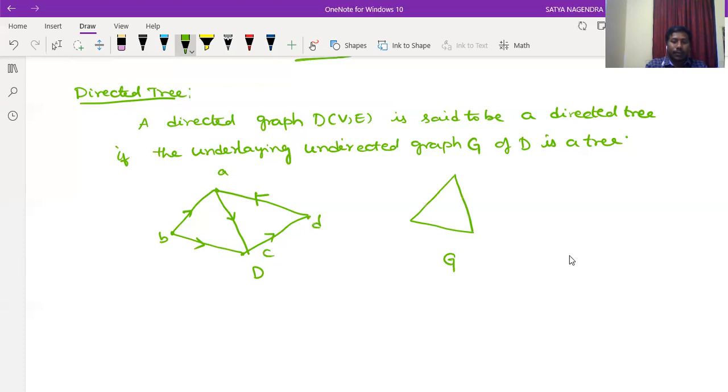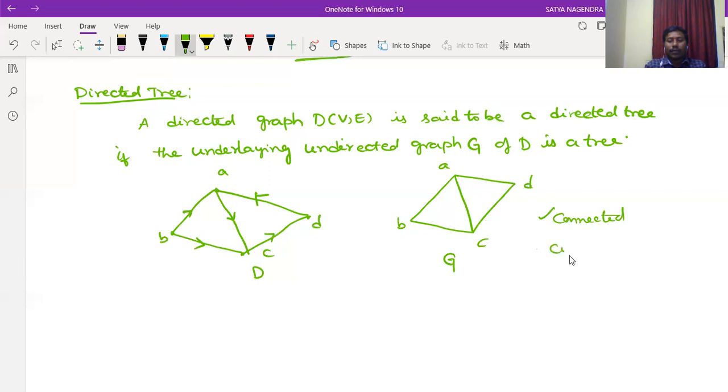Don't consider the direction of those edges here. So draw that undirected graph that we obtained from D. See this. Here, is it a tree? If G is a tree, then you can call D a directed tree. But here G is a connected graph, no doubt in that, but G is having cycles.